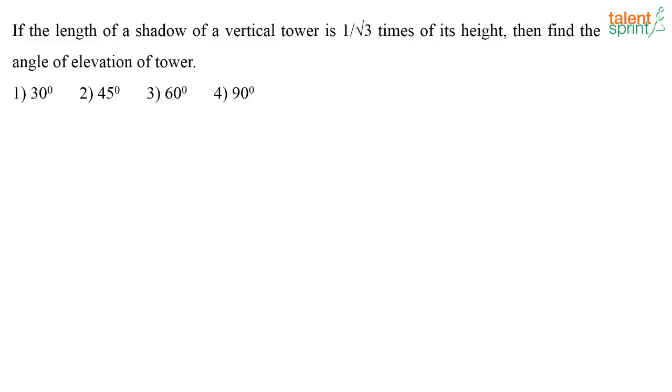Next. If the length of a shadow of a vertical tower is 1 by root 3 times its height, then find the angle of elevation of the tower.